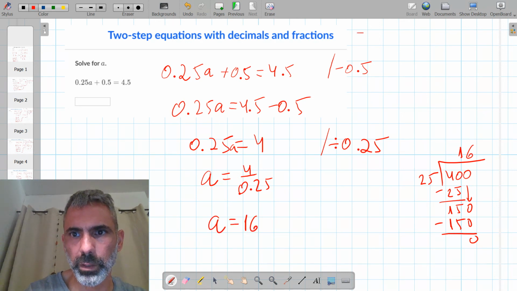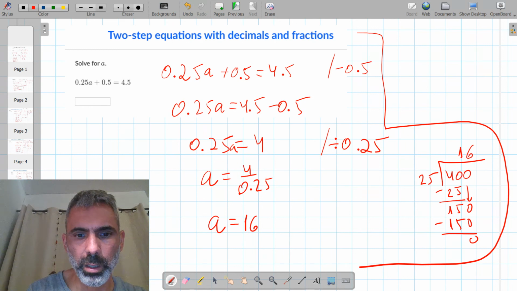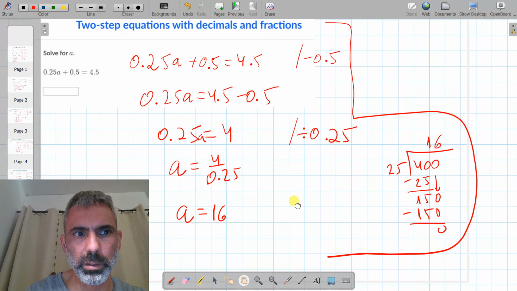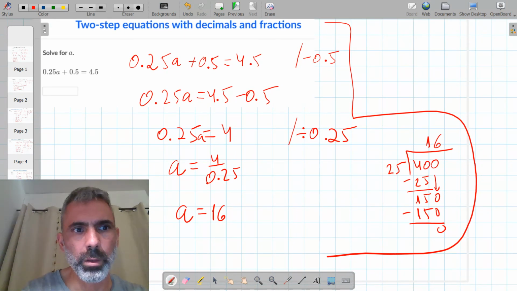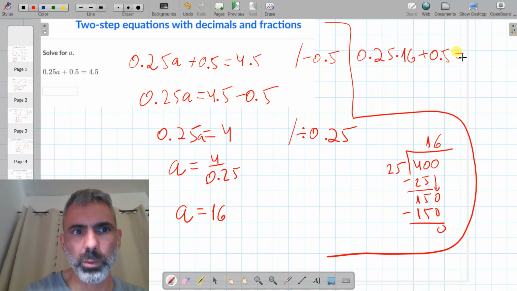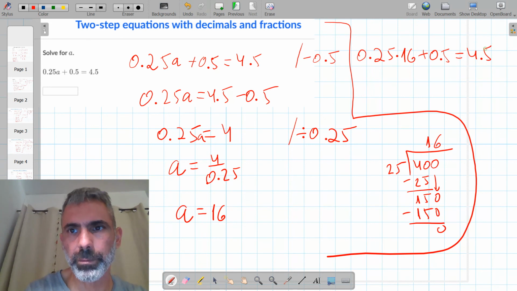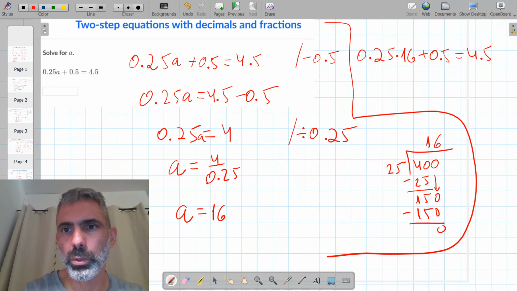Now to verify that this is correct, I will plug in the result in the original equation. So 0.25 times 16 plus 0.5 equals 4.5. So let's see, 0.25, it's like a quarter.